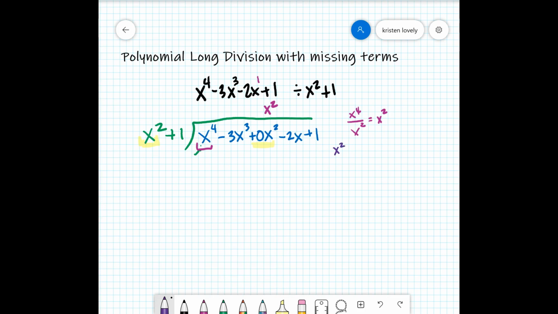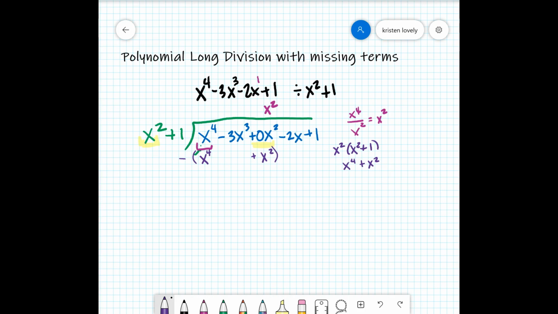So x squared times the binomial of x squared plus 1 is x to the fourth plus x squared. Again, I always want to line up my terms so I have my exponents lined up the same. So x to the fourth. Notice this is not an x to the third, so I'm going to skip that spot and write it underneath my x squared term.